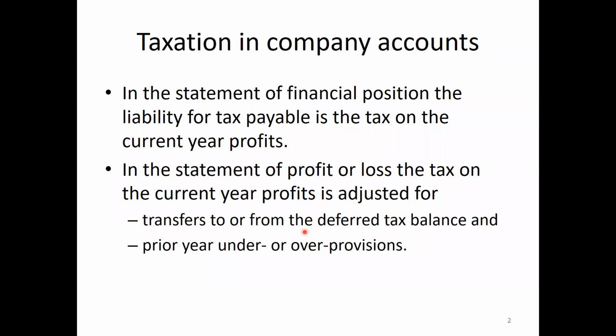It may be in the form of deferred tax asset, deferred tax liability, and the previous year's under provision or over provision. So the current taxes should deal with three things: the current tax for the period, over provision and under provision from the previous period, and deferred tax balances. All these three things should be incorporated in company accounts.